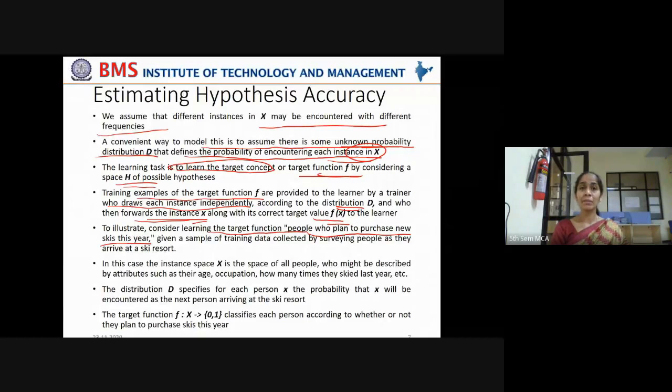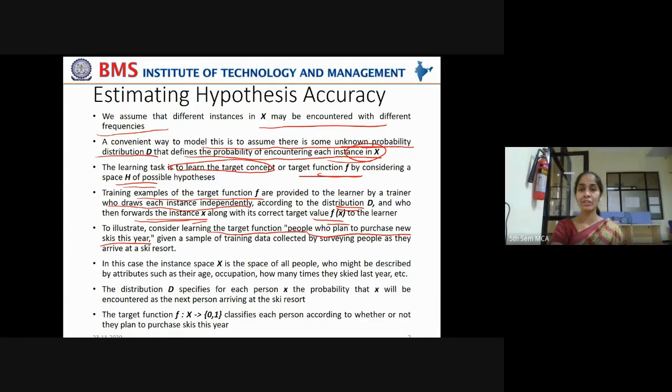They can send them some targeted advertisements that if you purchase skis, this would be your discount, or you gain this much cash back, or you gain these many loyalty points. If such targeted advertisements are given, they can hit the customers and make them buy their product. That is why the target function that has to be learned here is people who plan to purchase new skis this year. If they know that, they can increase their business.